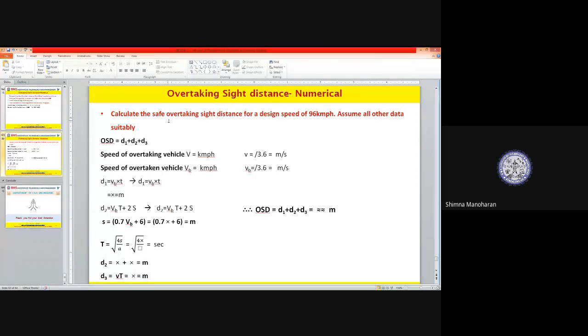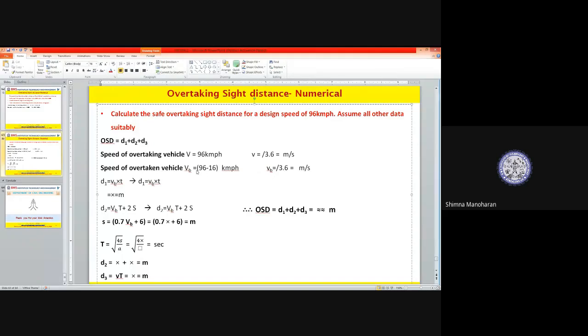One small problem here is that the speed of the vehicle that is being overtaken is not given. As per the standard assumptions, the overtaking vehicle is having a speed of 96 kmph, so the speed of the overtaken vehicle you can assume as 96 minus 16 kmph. Is that clear? That's a standard assumption.